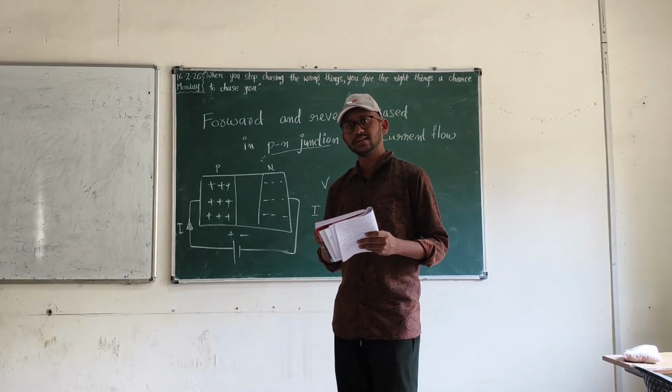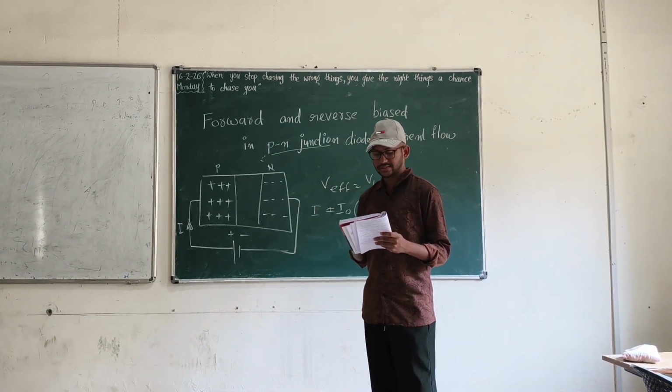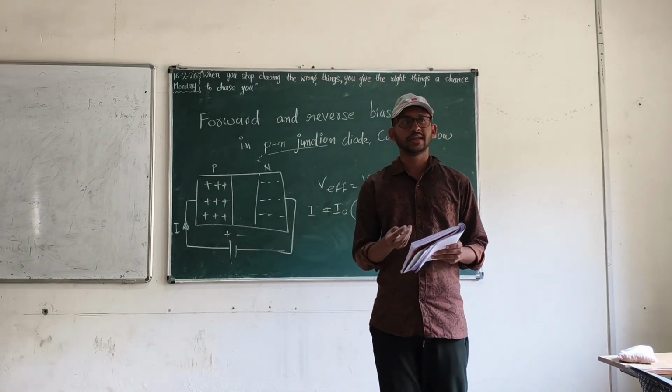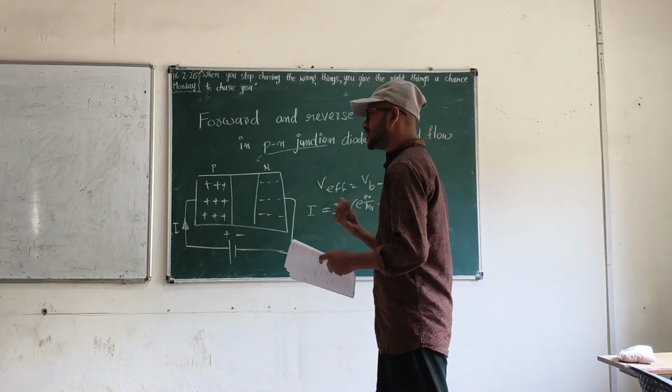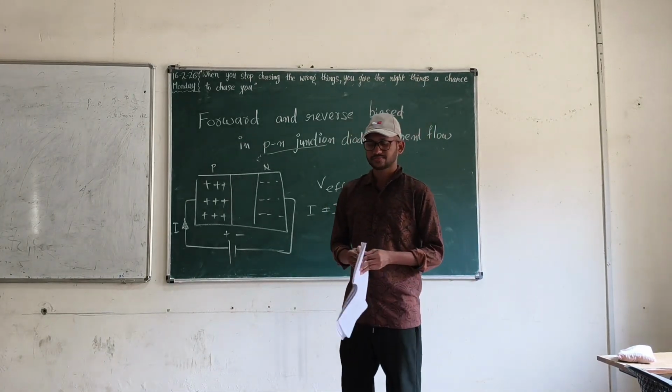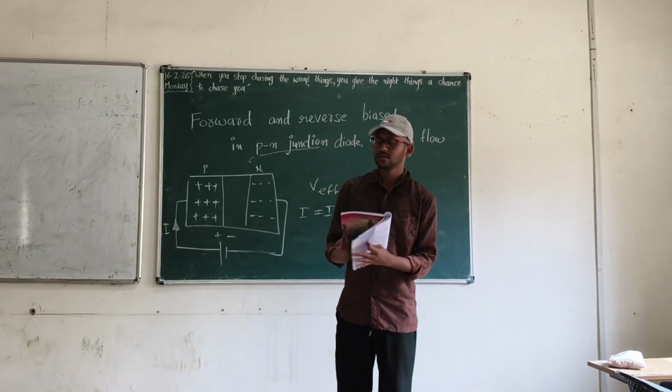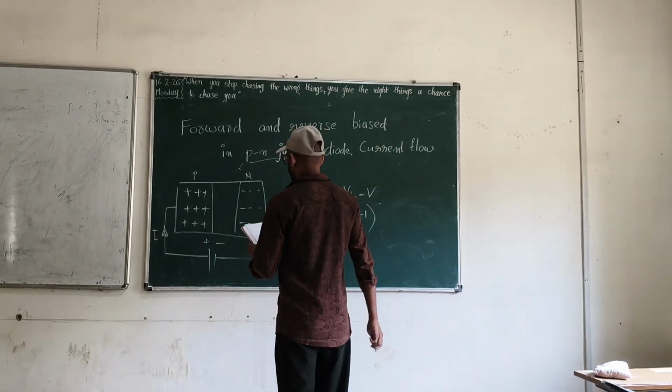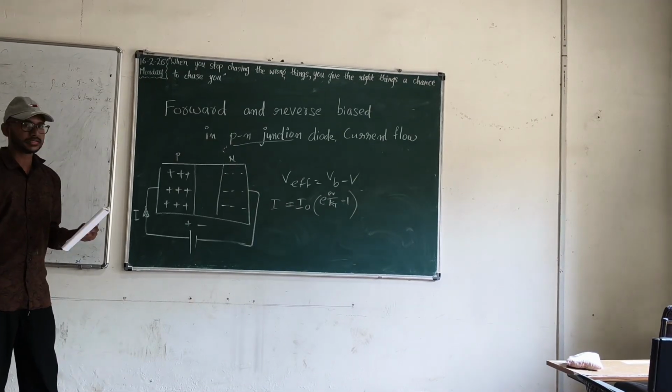This forward bias condition is used in rectifiers, to convert AC current to DC current. Now let's see the reverse bias in a PN junction.